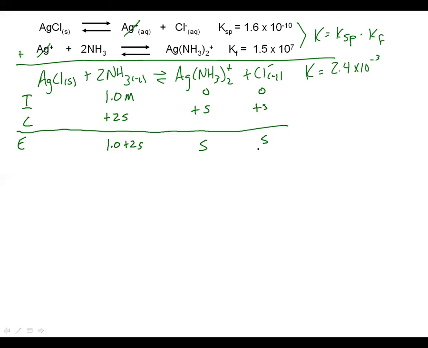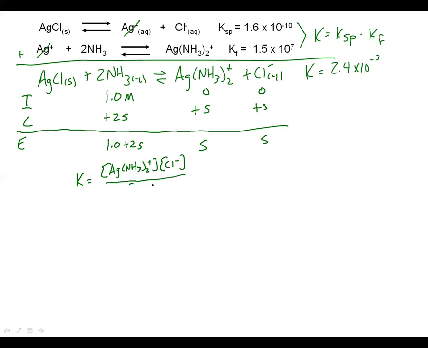Again, since we're looking for the molar solubility, we're going to kind of do it like a KSP type of problem. Our K value for this, our expression, is going to be our products over our reactant.